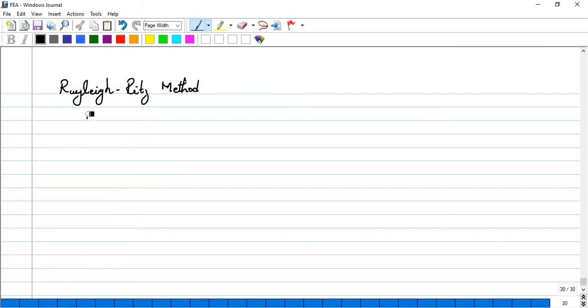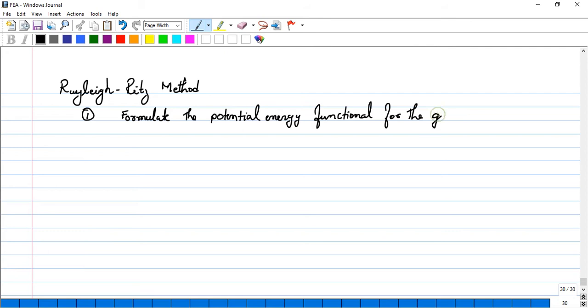The first step is to formulate the potential energy functional for the given problem. So this is the first step, followed by the second step.